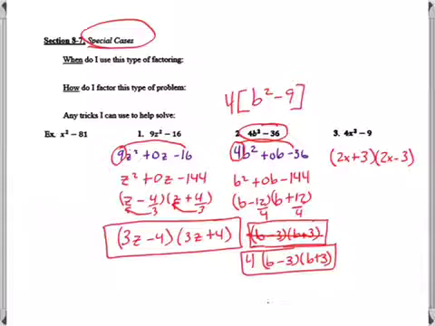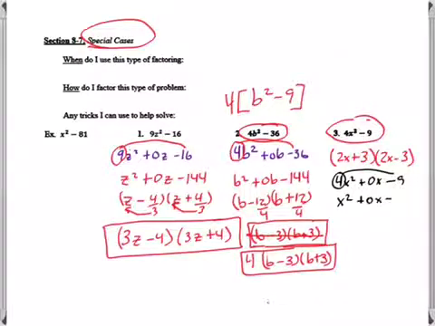And so that's the shortcut, and it only works for special products. If we're not certain if this is really the answer, we could do it the long way, where we've got 4x squared plus 0x minus 9. We'll use slide divide. So we've got x squared plus 0x minus 36. Well, that'll be 6 and negative 6. So x minus 6, x plus 6. We'll divide by our leading coefficient of 4.